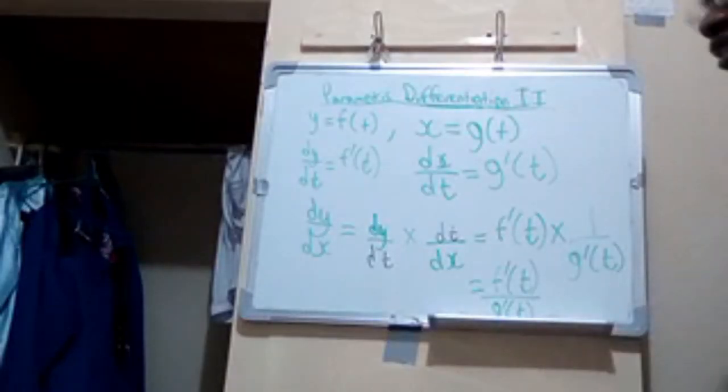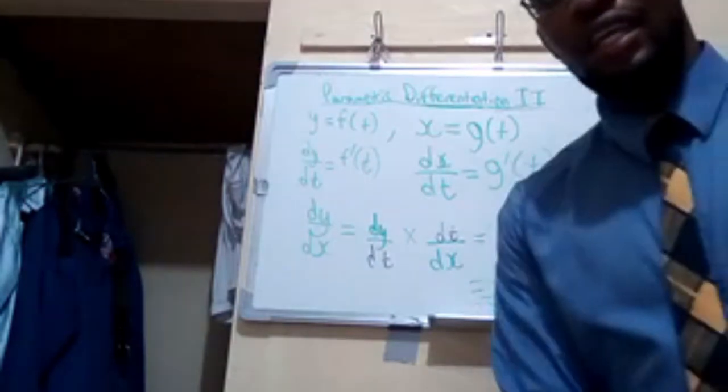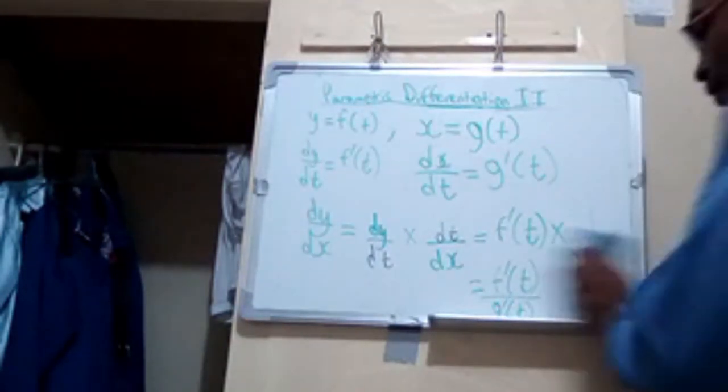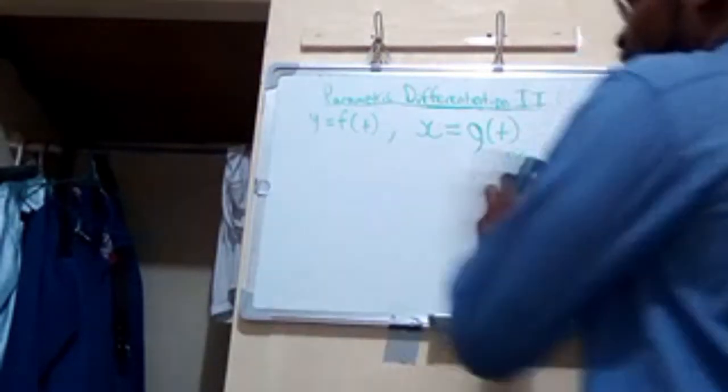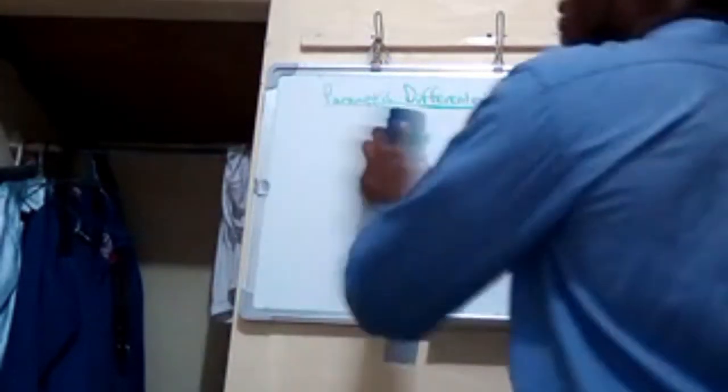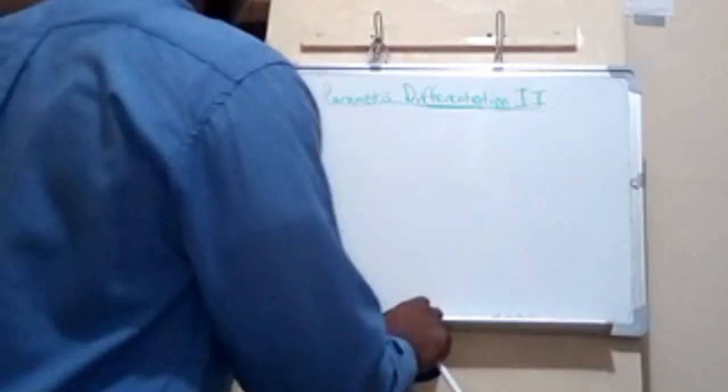And so this works out to be f prime of t over g prime of t. Easy. So let's look at an example. So here's the example I'm going to give now.